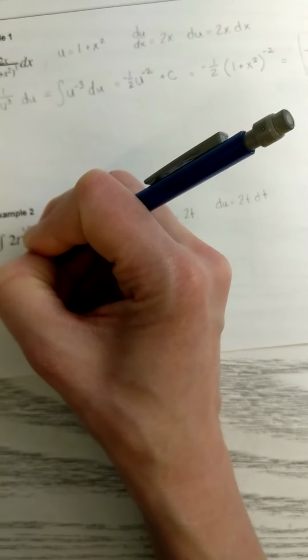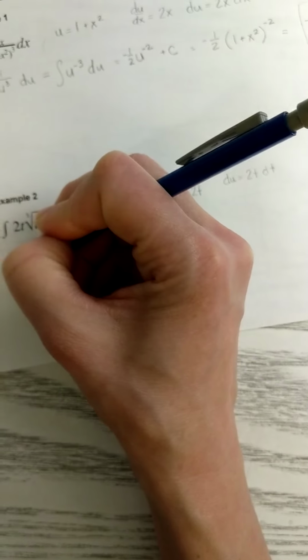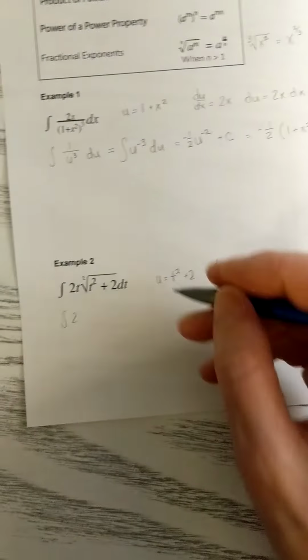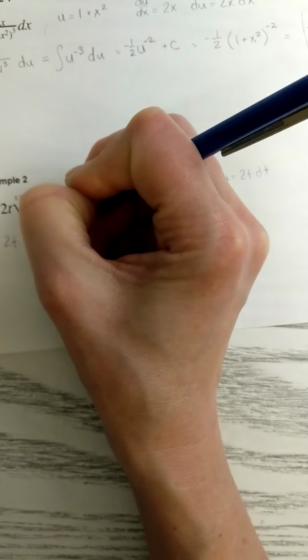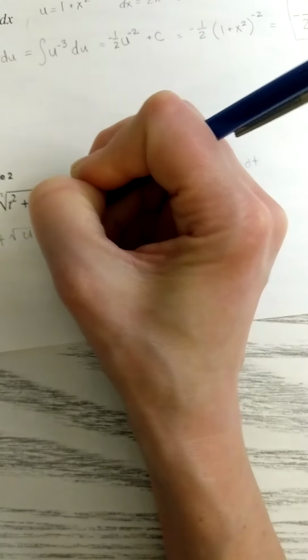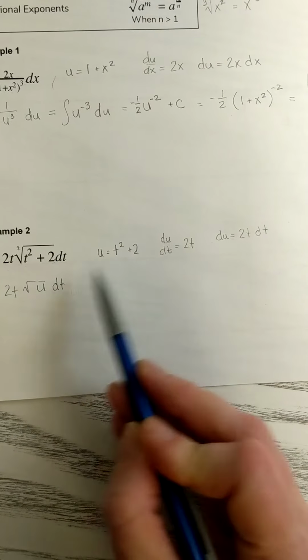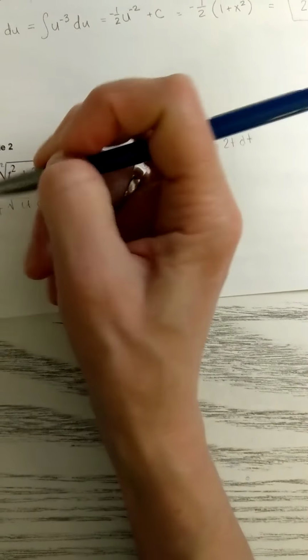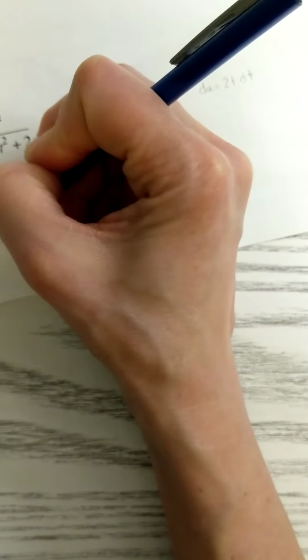So I get the integral of 2t times the square root of u dt. And once again, I can substitute 2t and dt with du. So I get now the integral of the square root of u du.